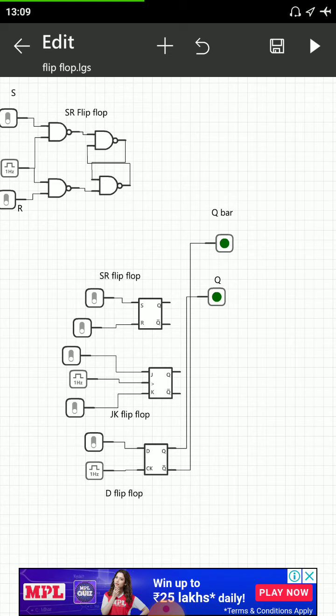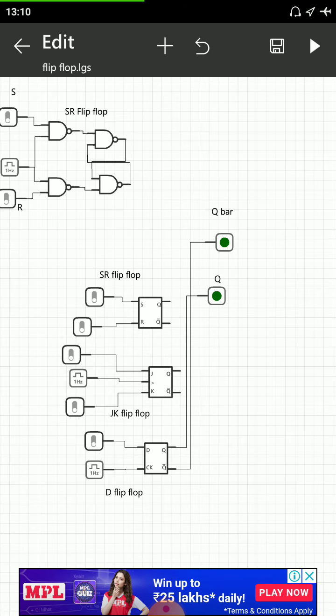So here I have already made the circuit and we can just verify the truth tables. The truth table file I have shared in the WhatsApp group. Here the connection is set for D flip-flop. For D flip-flop you can check the truth table: clock is there, input is there and two output states Q and Q bar, right?